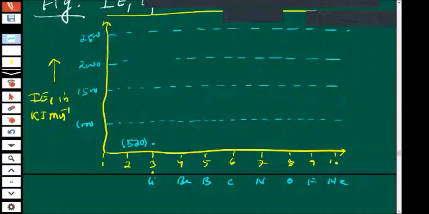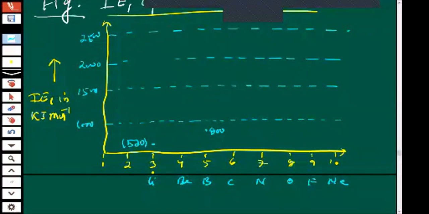Then boron is having some 800 kilojoule per mole. Then carbon is having 1086.